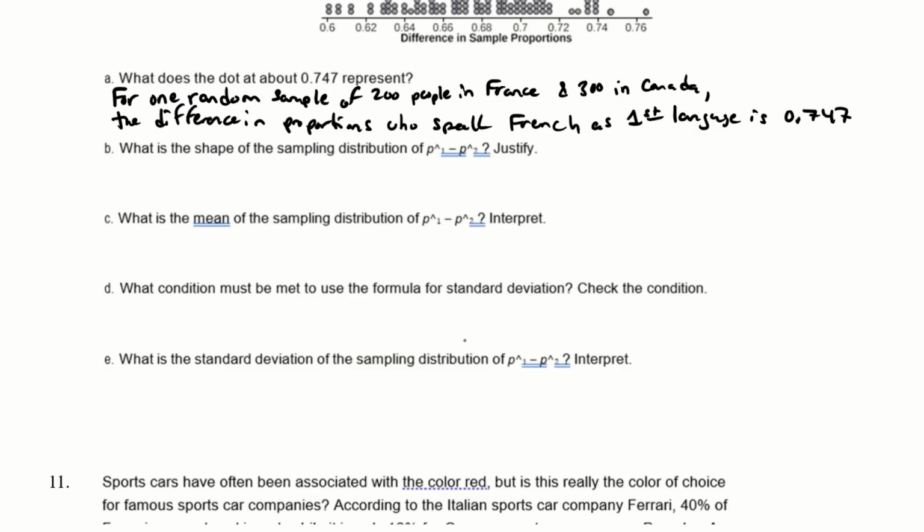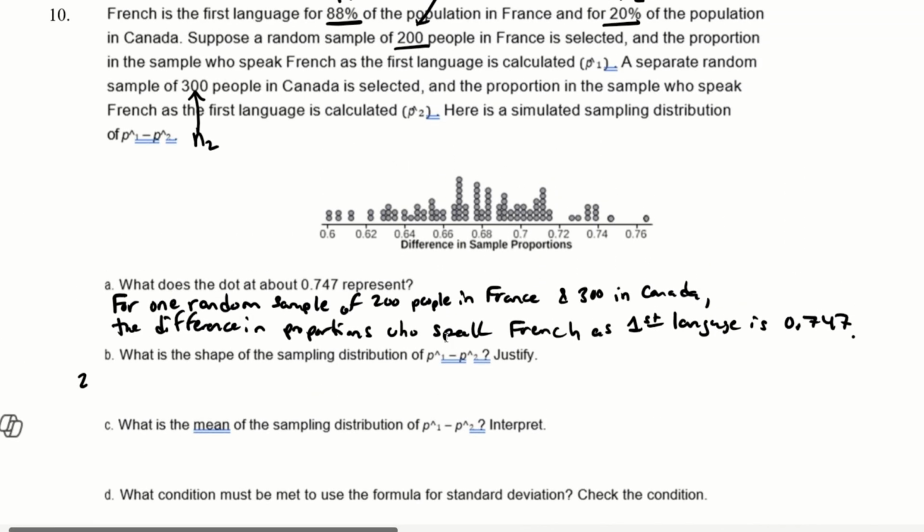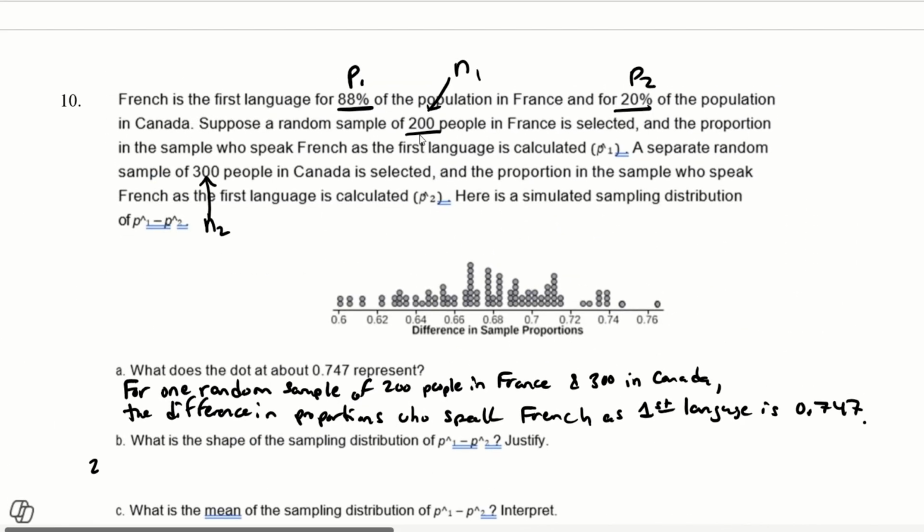Okay, so what is the shape of the sampling distribution of p hat 1 minus p hat 2? In order to do that, we need to do the large counts condition. Remember, it's n1 p1 and then n2 p2 and all that stuff. So n1 is 200, p1 is 0.88.